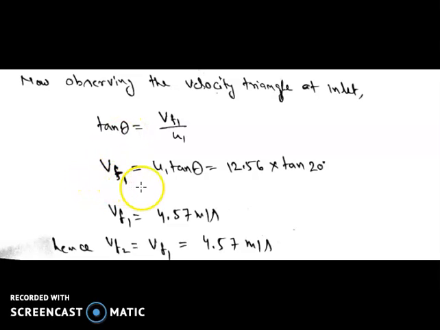So Vf1 is equal to U1 tan theta, which is 12.56 multiplied by tan 20°. So Vf1 is equal to 4.57 meter per second, and as velocity of flow is constant, Vf2, which is the velocity of flow at outlet, is equal to Vf1, and both are equal to 4.57 meter per second.